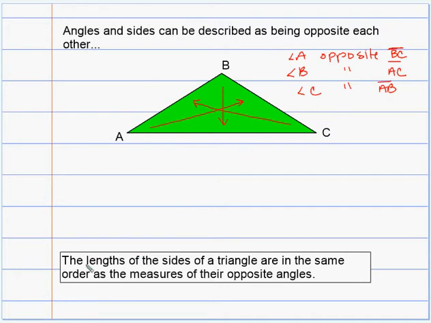Now, here's something that I bet you didn't know. The lengths of the sides of a triangle are in the same order as the measures of their opposite angles. Okay, so what that means is the longest side will be opposite the largest angle.